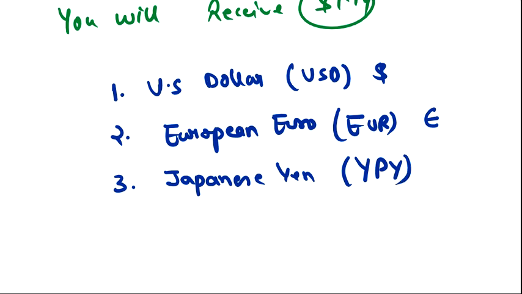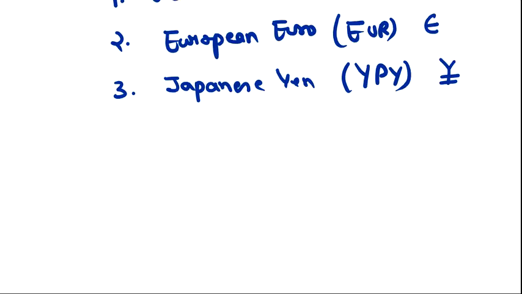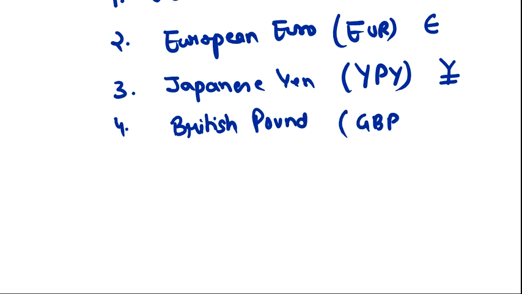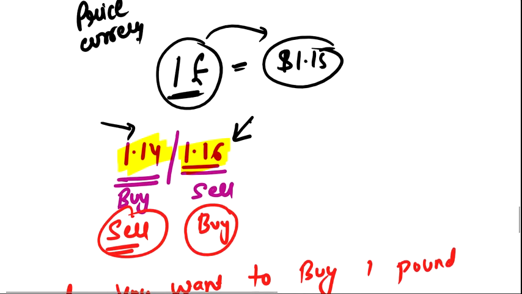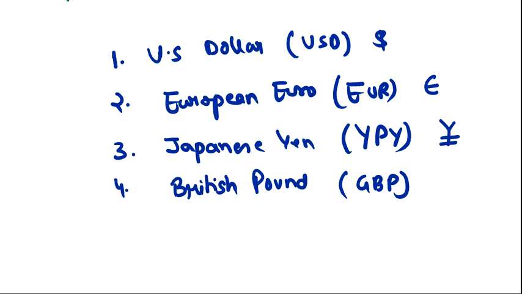This will be written like this. Write down point number 4, British pound as GBP. Symbol I have given to you over here, this one. So mention it over here, GBP. Clear?